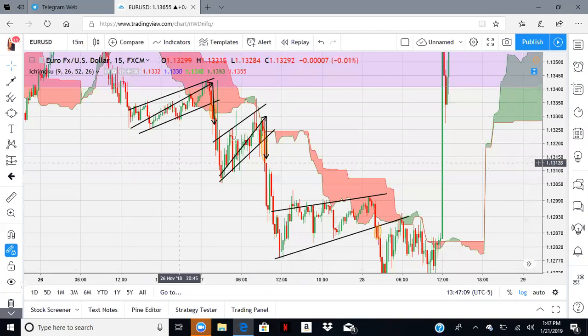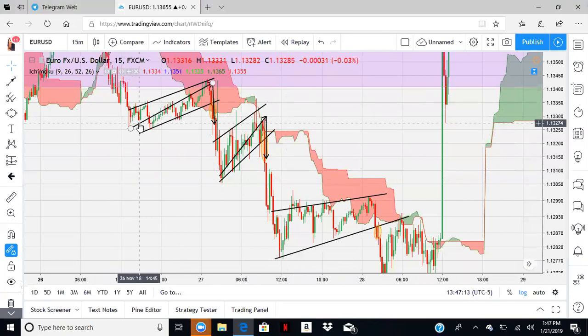So what I taught a lot of people to do is we're waiting for a breakout from the cloud as well. If you're having a hard time identifying these flags or the consolidation, whenever the candles consolidate, they go into the cloud.